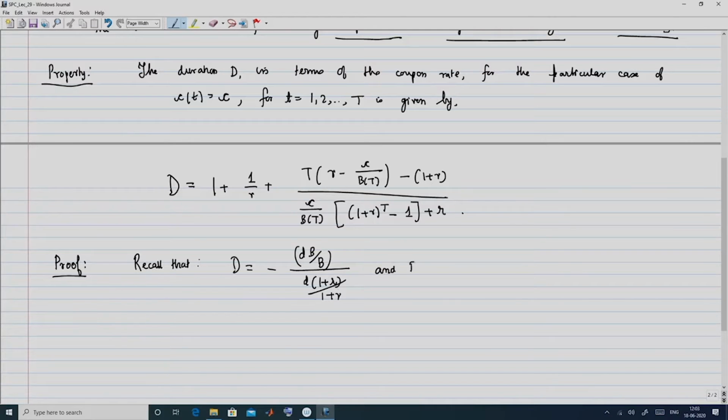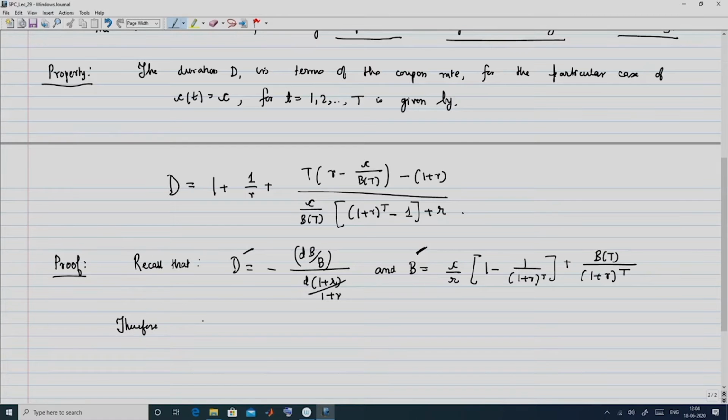So, we are just recalling the definition of D and B. So, this was c over r into (1 minus 1 over (1 plus r) raised to capital T) plus B of capital T divided by (1 plus r) raised to capital T. So, this was the bond price when we had all the coupons to be identically little c.